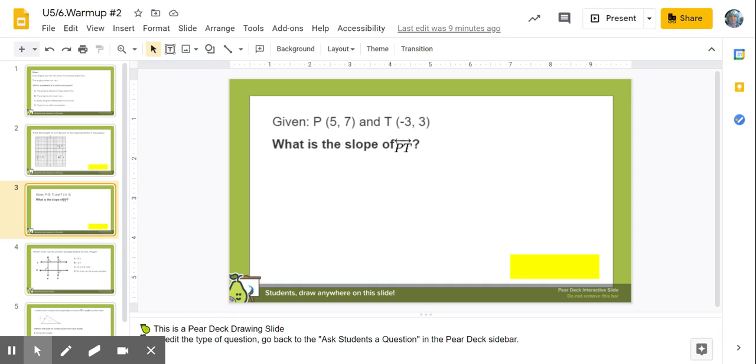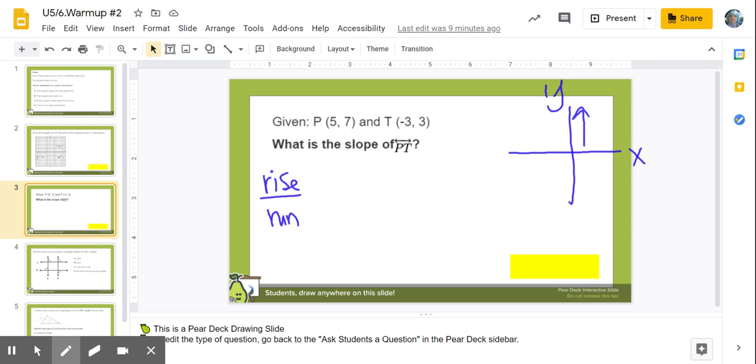A lot of times we get really good at distance, we get really good at midpoint, and we forget about slope. What's the slope formula? Is it rise over run or run over rise? Did I do it correctly? Yeah, and how do I rise? On the X's or the Y's? I have a coordinate plane. I have X's and I have Y's.